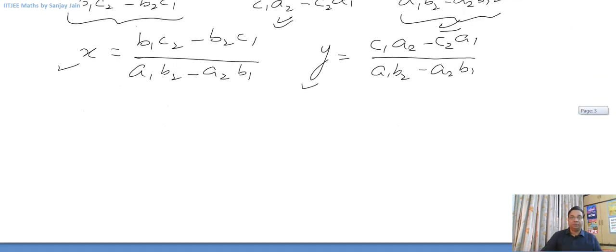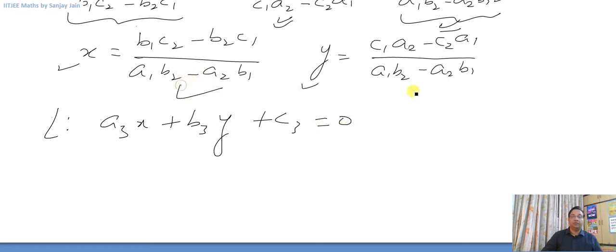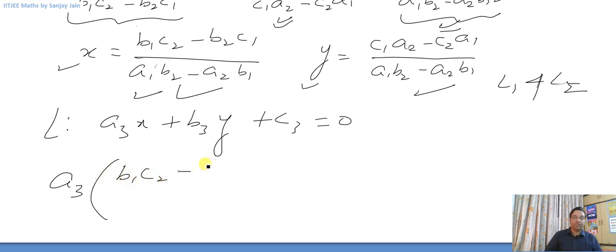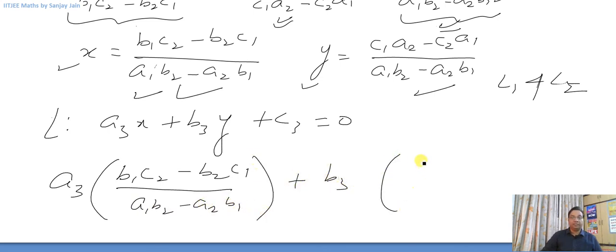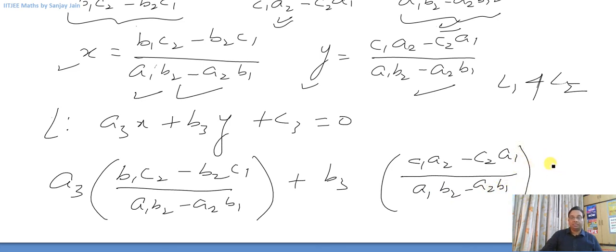So let me put this point in line L3. What is line L3? A3x plus B3y plus C3 equals 0, and the point of intersection of L1 and L2 will satisfy this equation. So A3 times (B1 C2 minus B2 C1) divided by (A1 B2 minus A2 B1), plus B3 times (C1 A2 minus C2 A1) divided by (A1 B2 minus A2 B1), plus C3 equals 0.